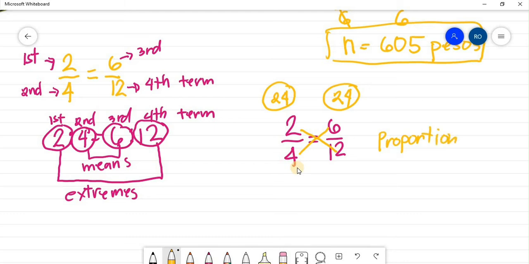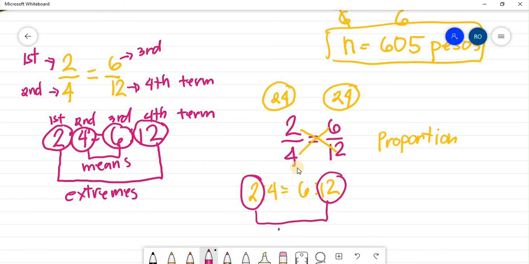Always remember, two ratios form a proportion if the product of the extremes and the product of the means are equal. Again, 2 over 4 is equal to 6 over 12. Let's multiply first the extremes: 2 times 12 is 24.